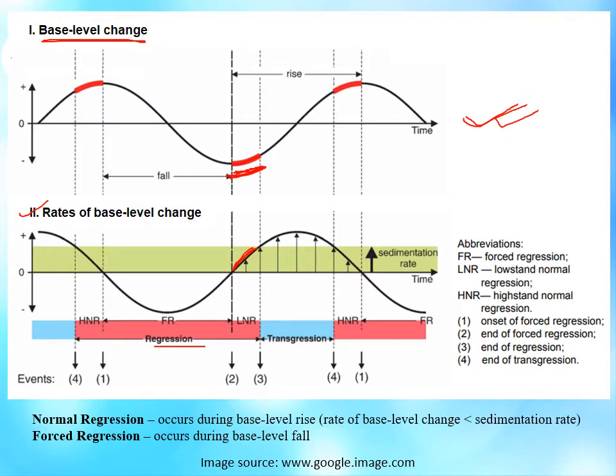Similarly, in this portion also, you can see that sea level is gradually increasing, but again there is sedimentation, this greenish portion, and this sedimentation rate again surpasses the creation of accommodation space, so the area suffers regression.